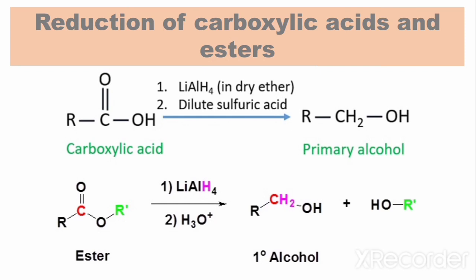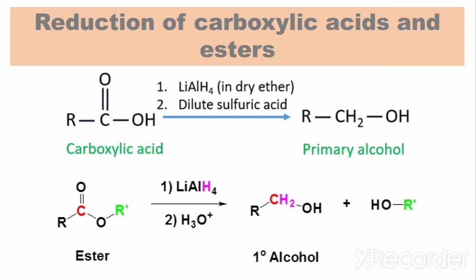So the next is the reduction of carboxylic acids and esters. So firstly we will see the carboxylic acid. The carbon has a double bond with oxygen, and then the other bond with the oxygen and hydrogen. So there is a hydroxyl group on one side and an alkyl group on the other side, and a double bond with the oxygen atom.